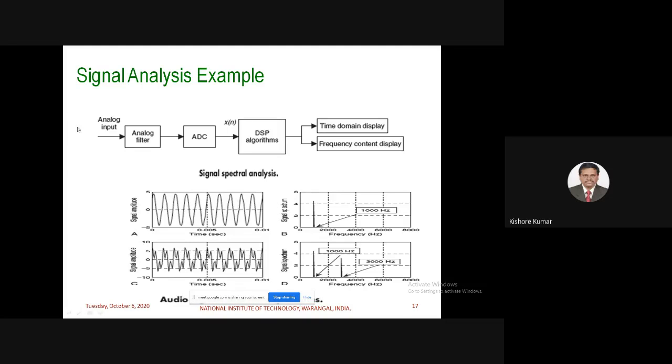This is the analog input from an analog filter, then there is the analog to digital converter and DSP algorithms. Here we can have a time domain display and a frequency domain display.